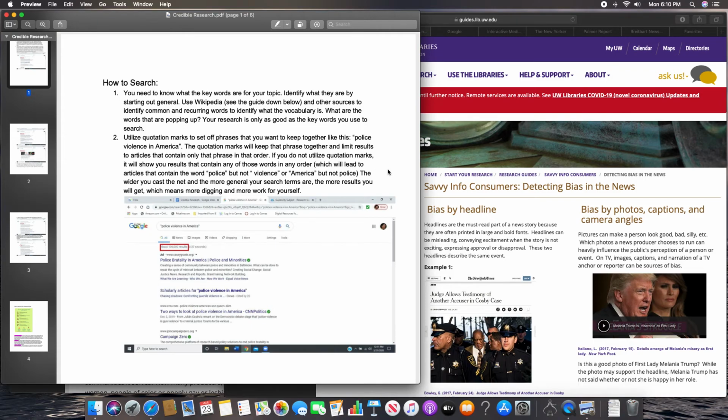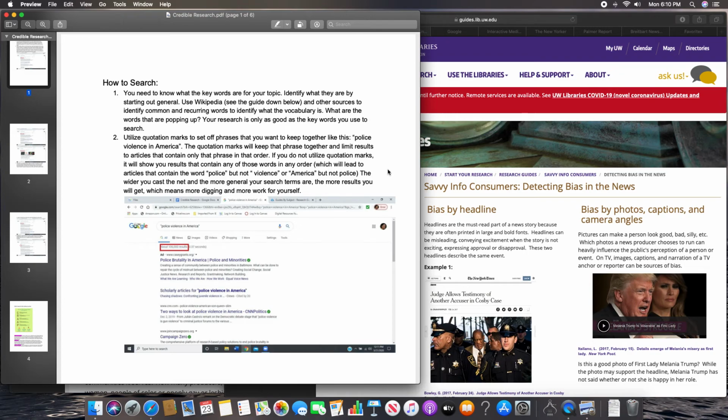So you're going to identify common vocabulary words regarding the topic that you are trying to look up. Okay, and again, be as specific as you can when it comes to the who, what, when, where, and why. If you have specific adjectives, make sure you write those down. And as you read through articles that are about your general topic, you're also going to note words that you continue to see popping up.